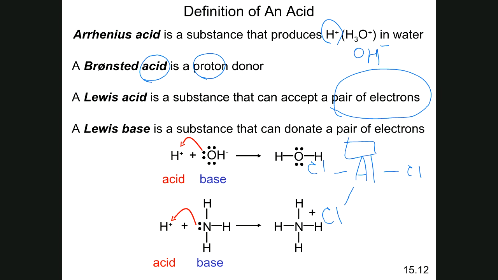This can take a pair of electrons, so this is an acid. If it has an empty orbital or can take a pair of electrons, it is an acid. If it can donate a pair of electrons, like ammonia, it's going to be a base.